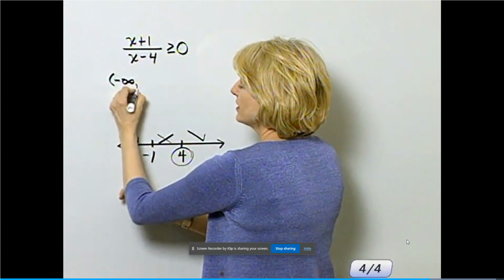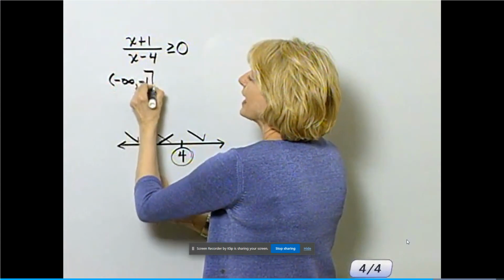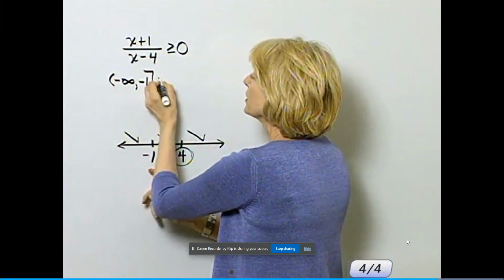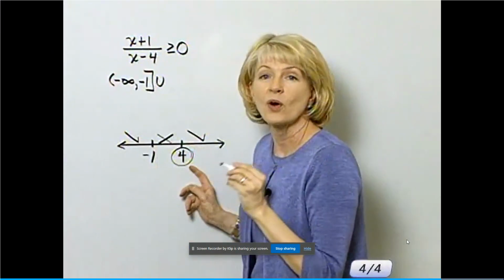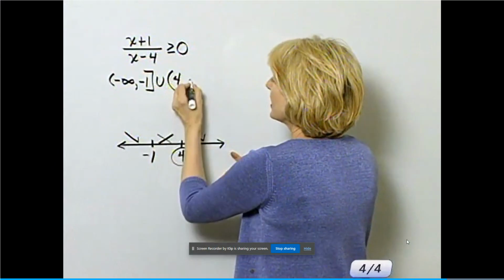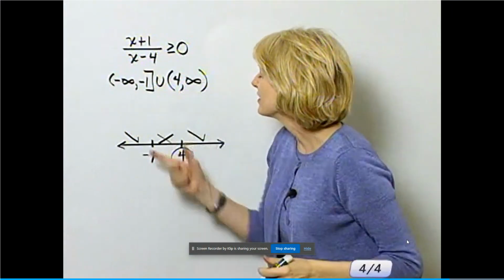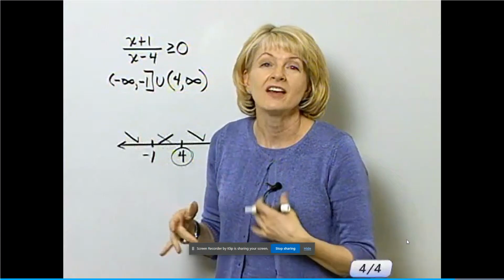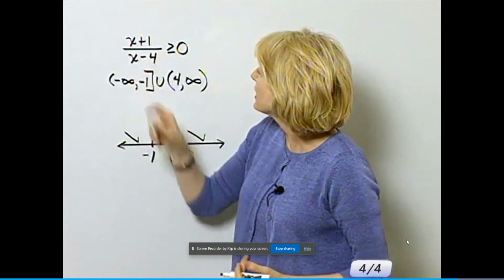Negative infinity to negative 1. I will include negative 1. It did not come from the denominator. Union 4. I will not include 4, so I'll put a parenthesis and then to infinity. And you can check a few numbers in each region. These numbers will all make this a true statement.